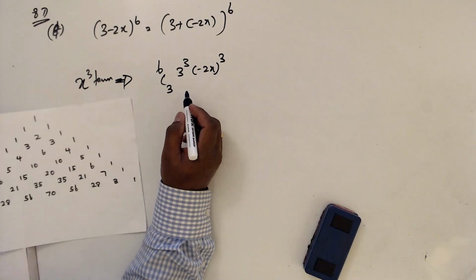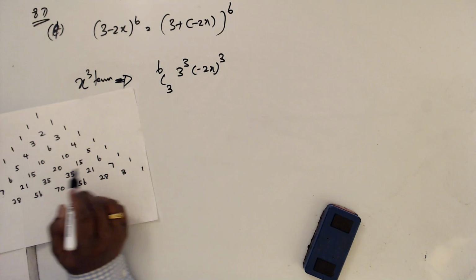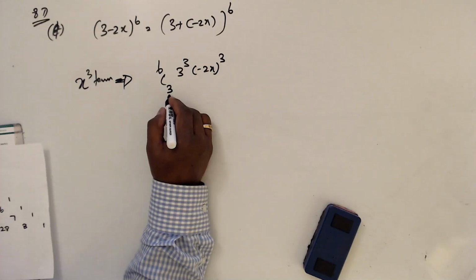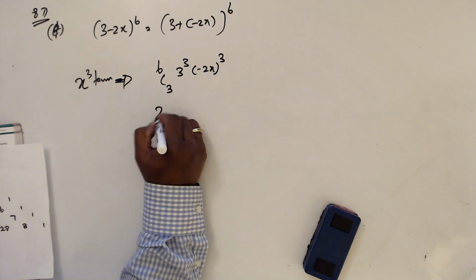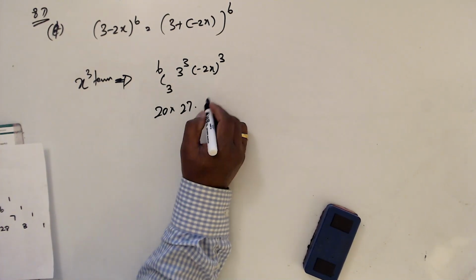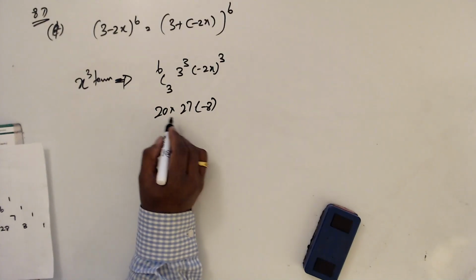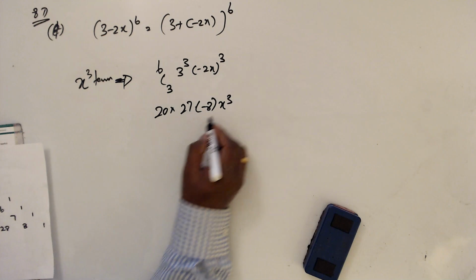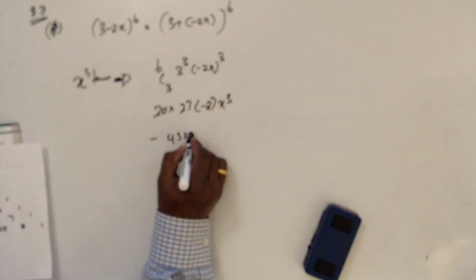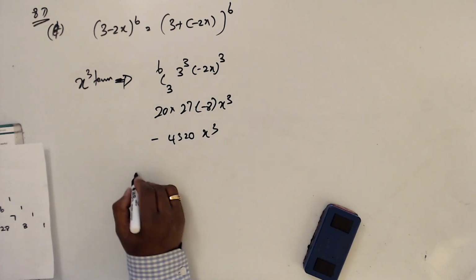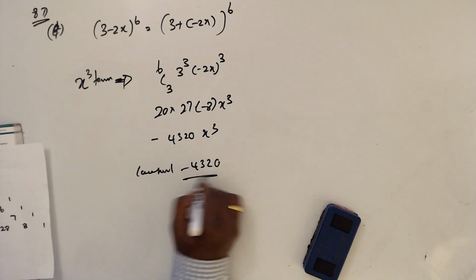It's going to be 20. Coefficient is minus 4320.